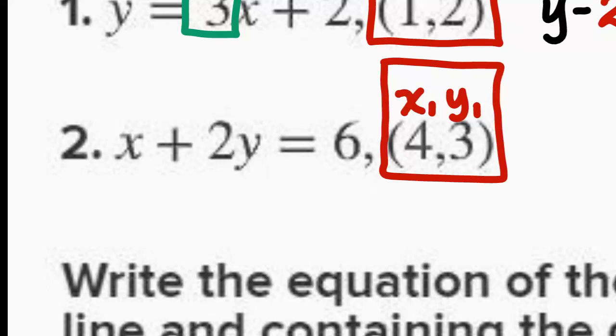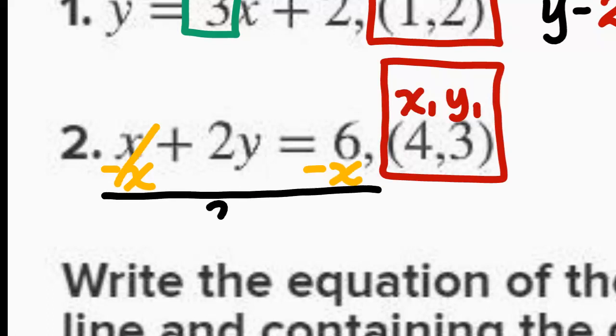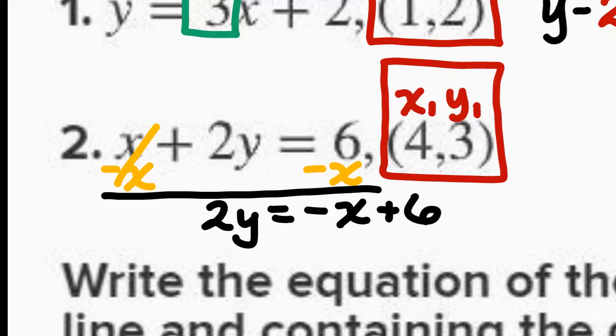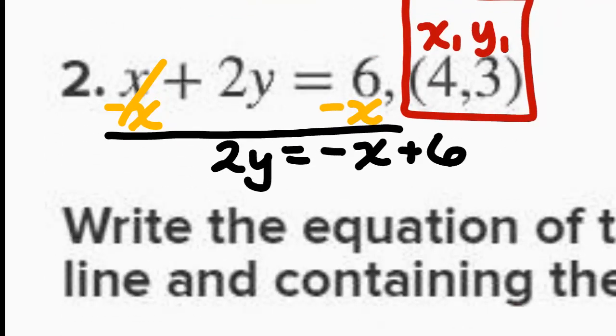So what needs to go first? We're going to subtract that x from both sides. So I would have 2y equals, slope-intercept form is mx plus b. So I need the x part to come first, negative x. Is the 6 positive or negative? Positive, so this would be plus 6 back here. Is that slope-intercept form? Almost, though.